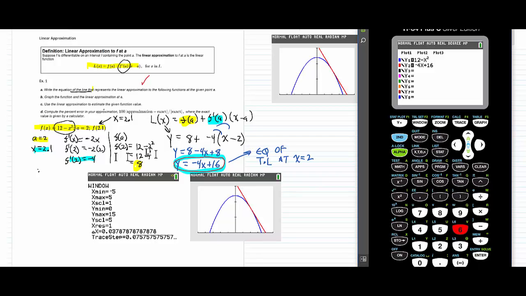Okay, so you're going to draw a graph, and let's use the window that I have right here on my screen. So let's go to the window, and let's put in window negative 5 to 5. And this should give us a pretty good looking graph. Scale of 1, and then the y's, let's go 0 to 15, maybe by a scale of 5.